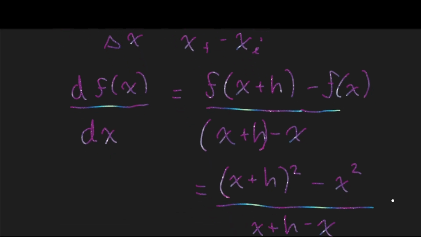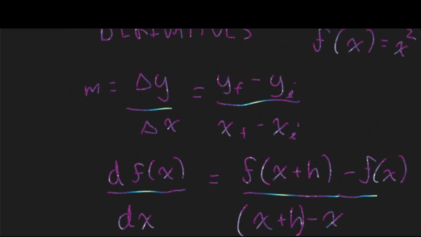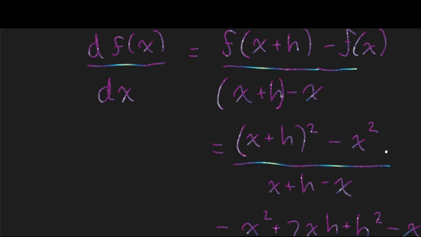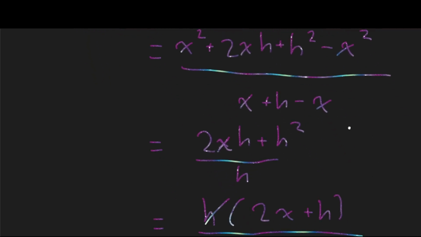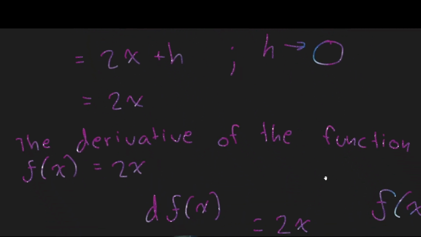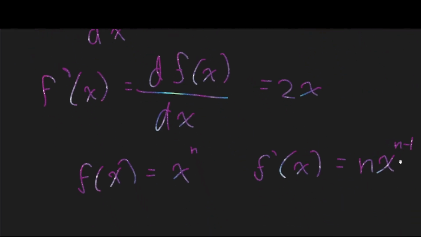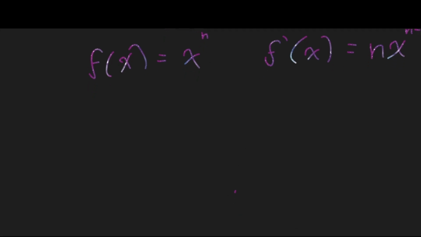So if you want to further prove the derivatives for all these exponents, let's say f of x is equal to x cubed, you can substitute that and do that, and you will get 3x squared. And a simpler formula for this would be that f prime x is equal to nx to the power of n minus 1. So let's try f of x is equal to x cubed real quick so that we can prove that that is true.